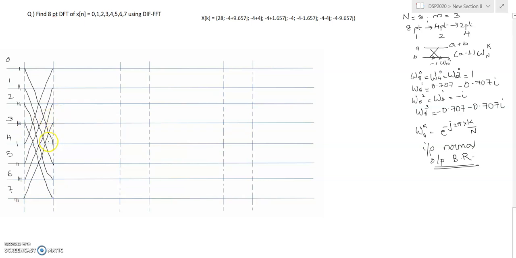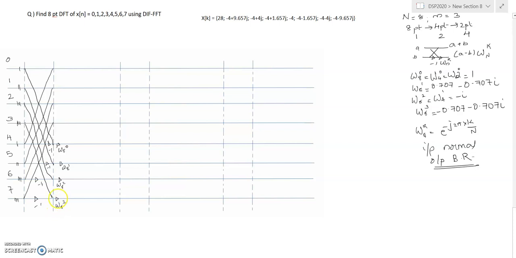So we have the minus 1 factor here, the minus 1 here, again over here, and over here, and this will have the twiddle factor W_8^0. This will have the twiddle factor W_8^1, this will have W_8^2, and this will have W_8^3.